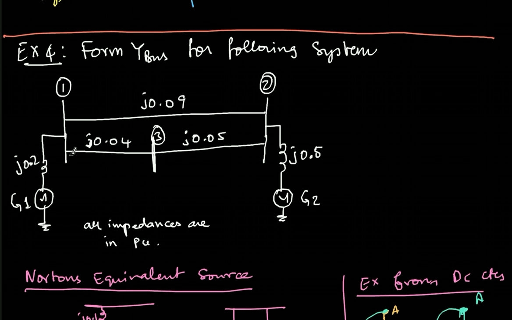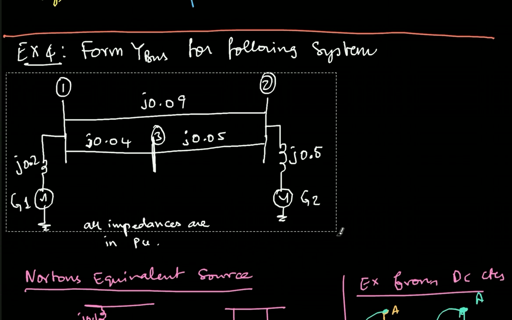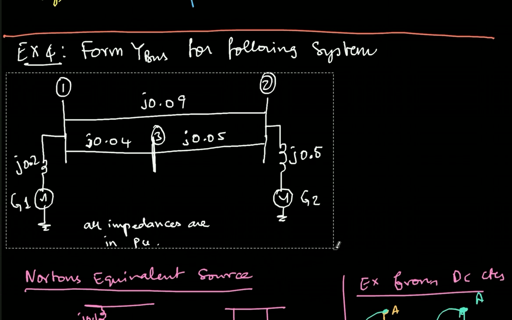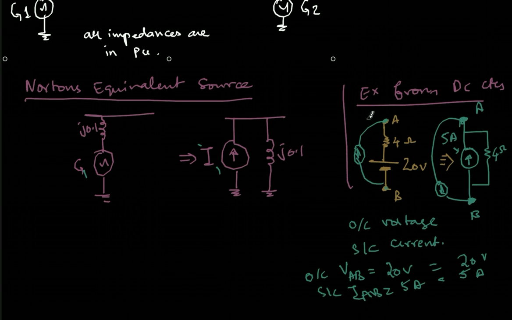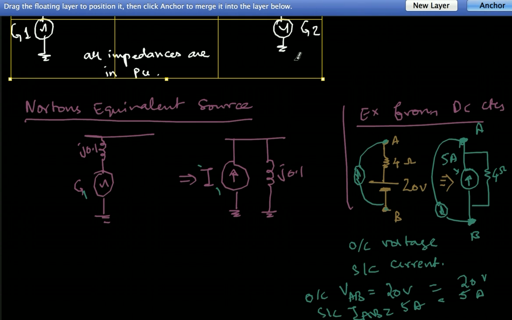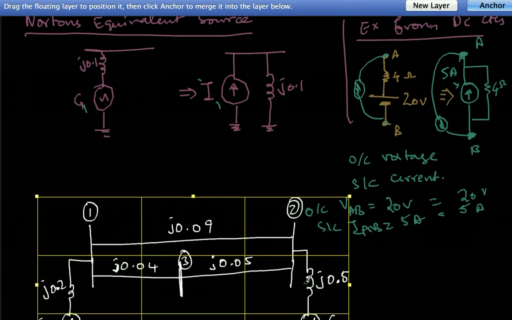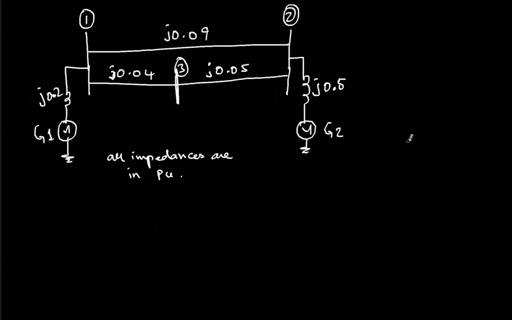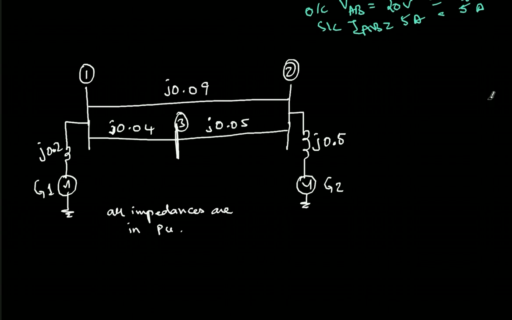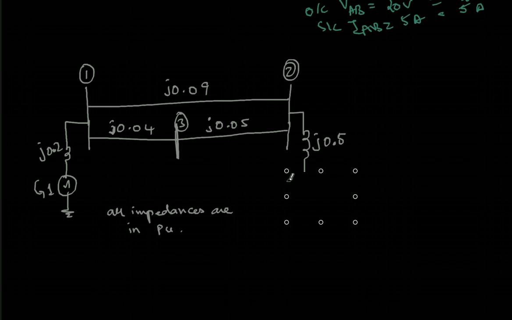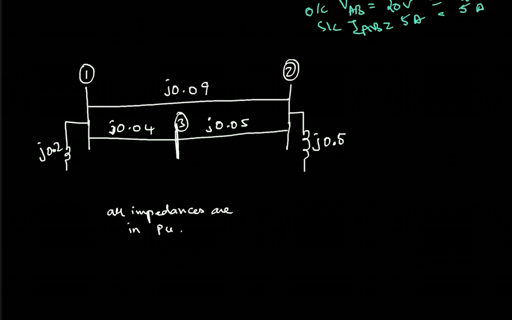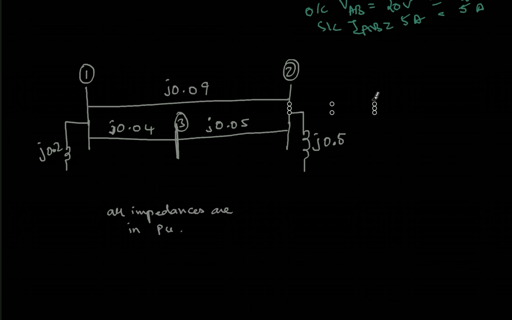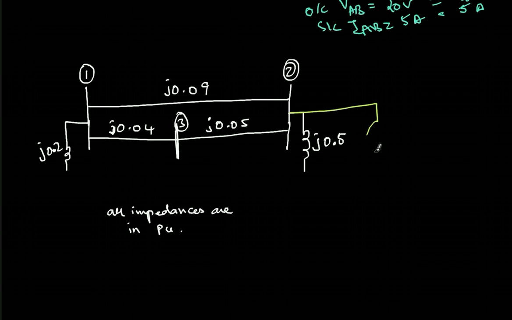If I just copy this circuit, what I'll do now is simply delete this part and also delete this part, and then I'll show it as a parallel current source.